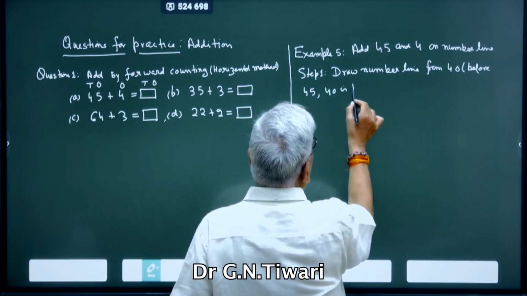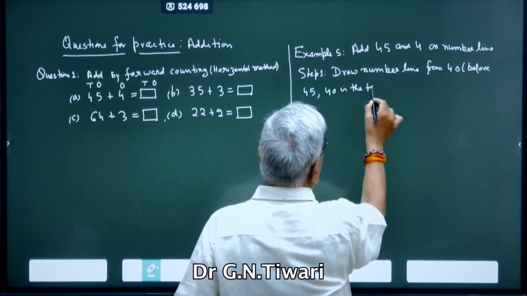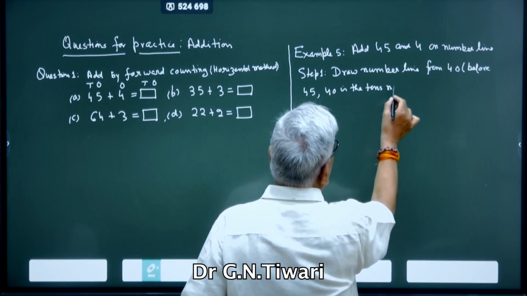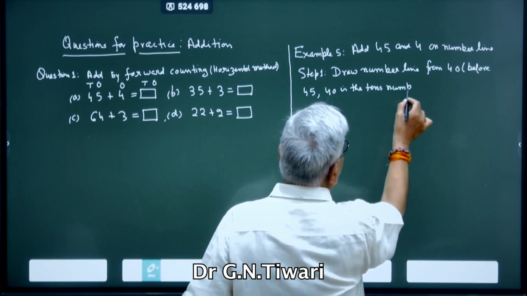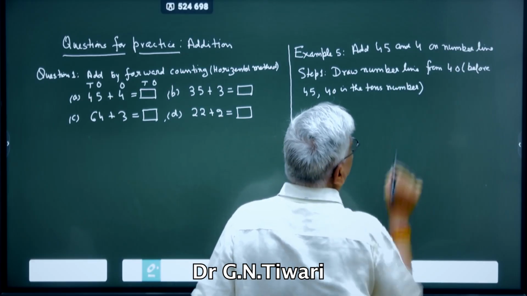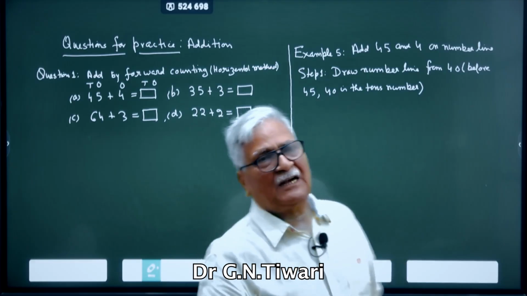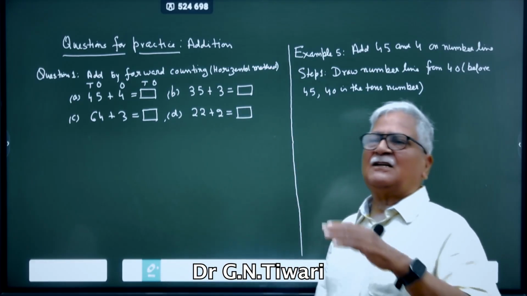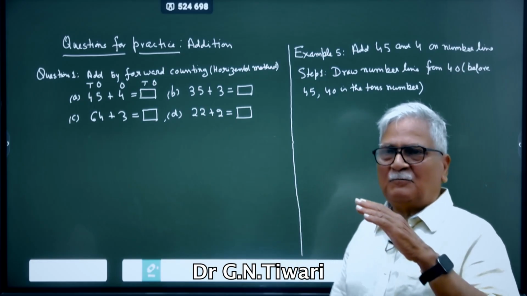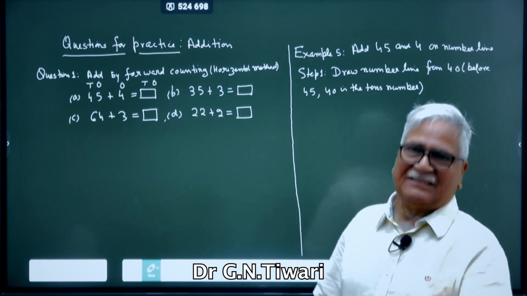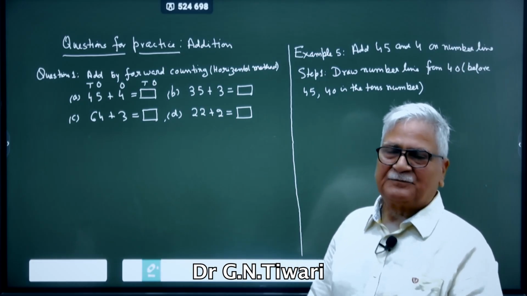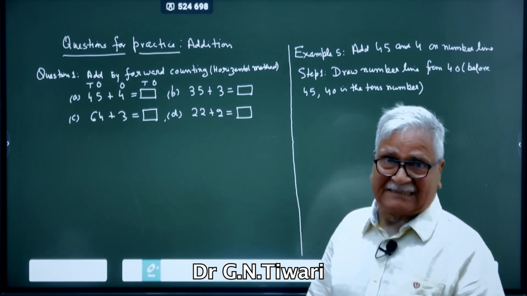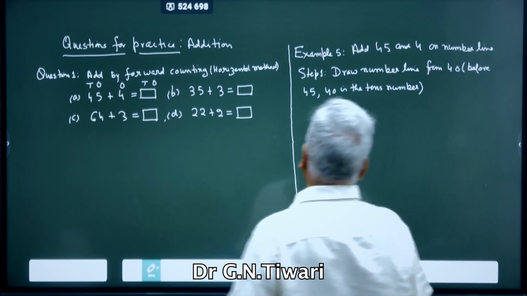I am telling you the reason why I have taken 40: before 45, 40 is the tens number. Like 16, the tens before 16 is 10. You should always take the tens before. So now draw the number line here.